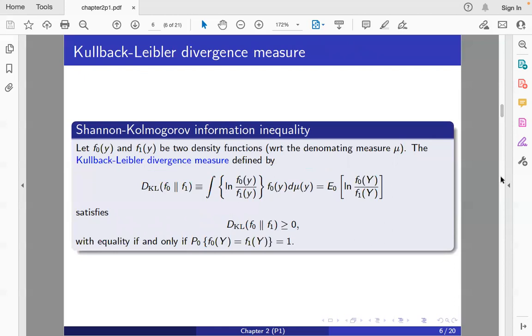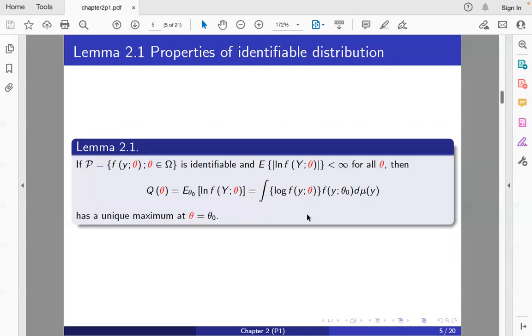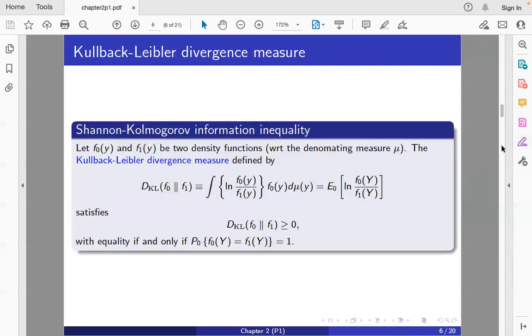We are going to rigorously prove this, but to prove it we need a tool. We need to understand another concept, the Shannon-Kolmogorov information, which is often called the information inequality.